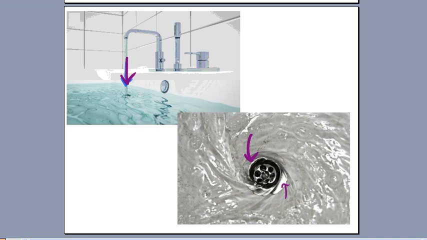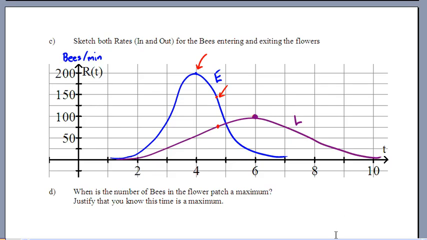And the same thing is true with the bees. As long as the entering rate is outperforming the leaving rate, then we're still gaining bees. So even in the time like right here, we're still getting more and more bees in than out. But then all of a sudden there's a crossover. Now the leaving rate, it's like the drain outperforms the faucet.